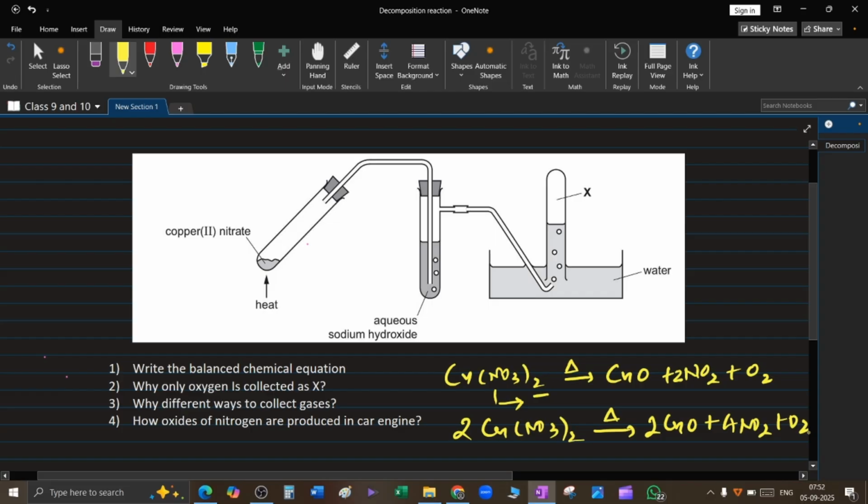This is as simple as the decomposition of lead nitrate, because it also gives lead oxide. Copper is balanced, and two nitrogen atoms are there. So if I do so, oxygen becomes 4 plus 2 plus 1, 7.